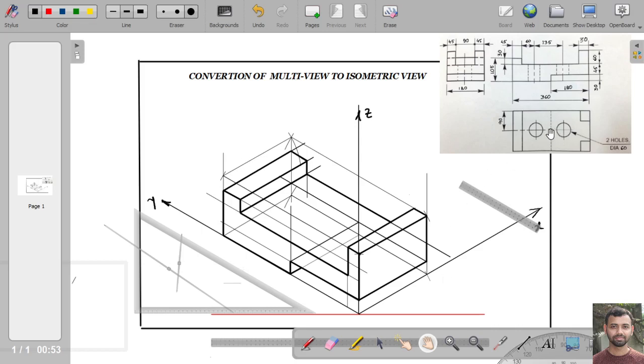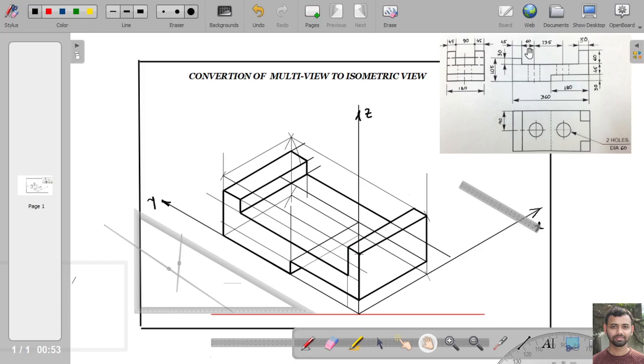So now we have to figure out the location of the holes. So this is the first hole. Its location is from this edge. This is located at 90 mm. Okay, and from this surface, this hole is located at 60 mm.